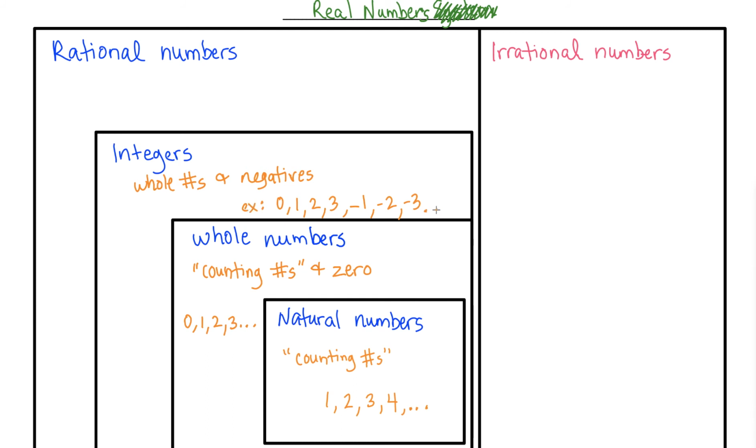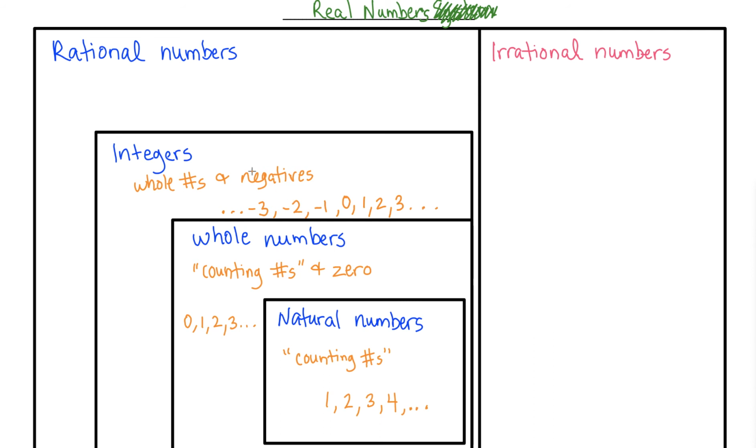Example, and then it can keep going either way. So maybe I can say that it can be 0, 1, 2, 3, and keep going. And it can be -1, -2, -3, and keep going. So -3 is an integer, which means it's rational, which means it's real.